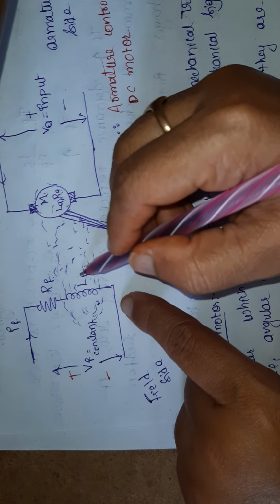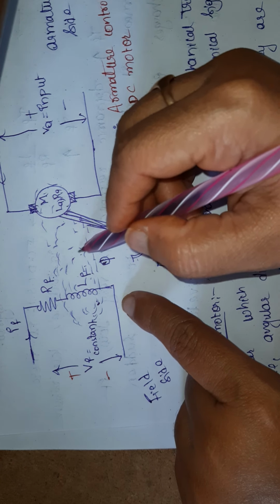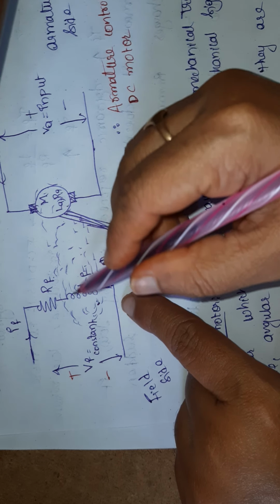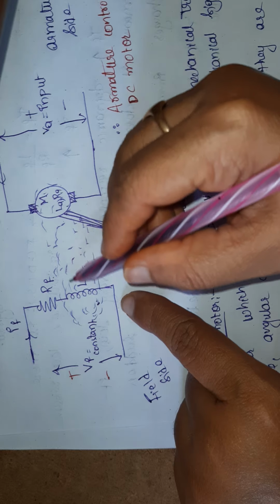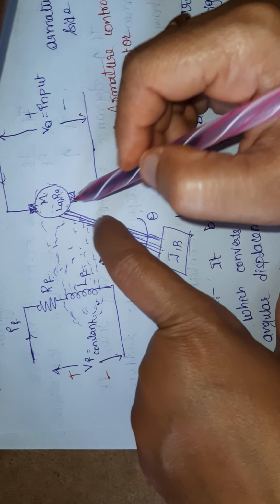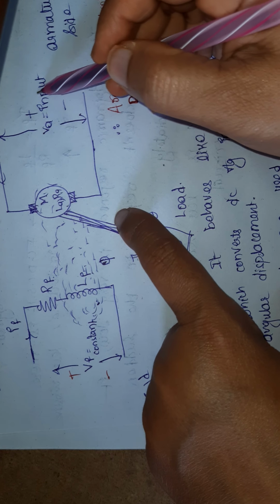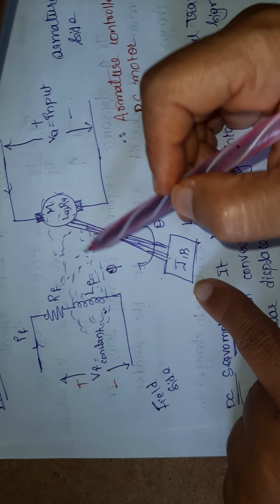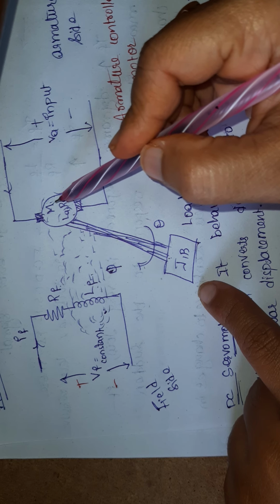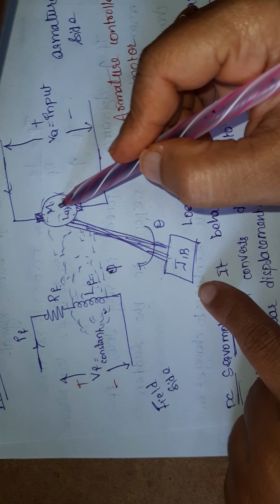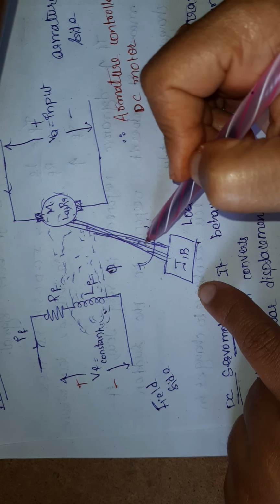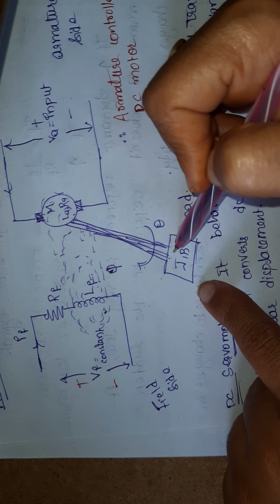If current is flowing through the inductor, a field will exist in the air, that is nothing but flux lines will be formed, and these flux lines are in contact with this motor through which the current IA is flowing due to the VA input. Next the motor will rotate. Motor is rotating means the shaft is rotating such that the load is also rotating.